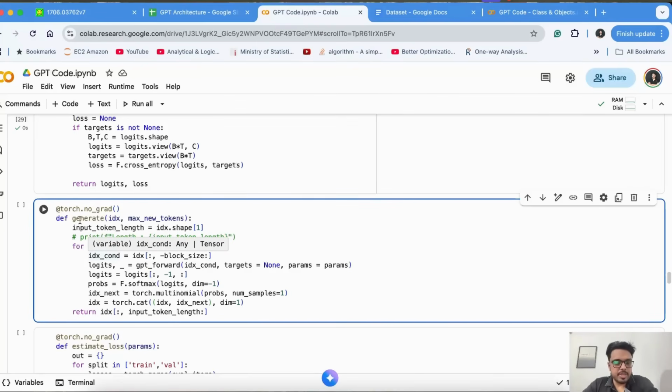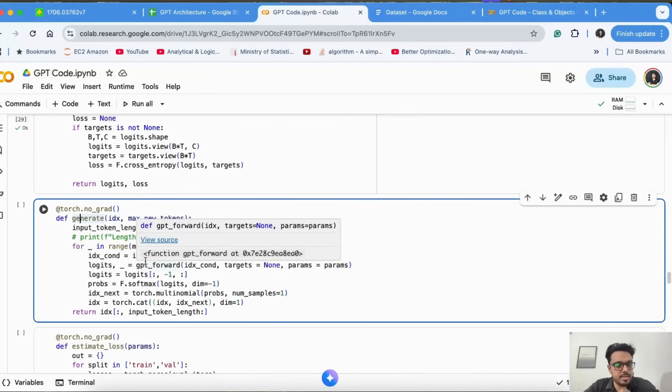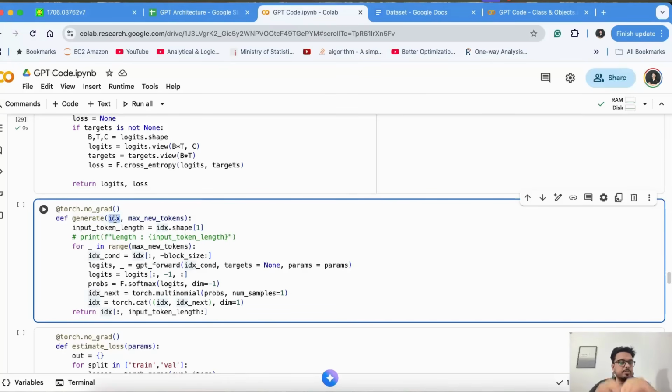So next comes the generate function. This is the function that will be used for inference. The inputs to this function are the input token sequence and the number of new tokens that we want the model to predict.